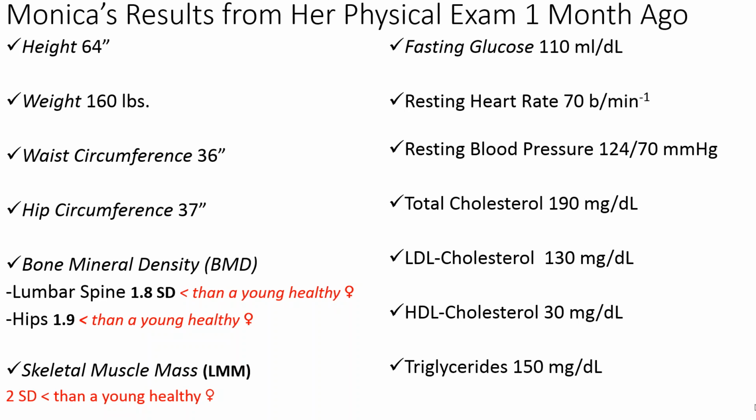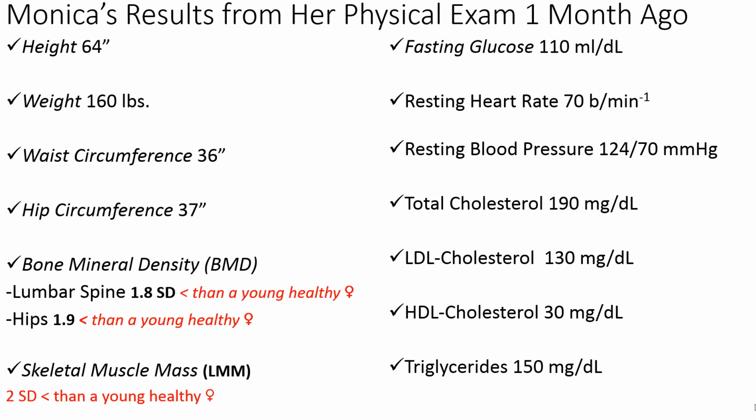She had bone mineral density testing, and it was determined with DEXA scanning that her lumbar spine and her hips at the Ward's triangle were determined to be 1.8 and 1.9 standard deviations lower, respectively, than that of a young 30-year-old woman without bone disease. Her skeletal muscle mass, which is a measurement of skeletal muscle quality, was considered to be 2 standard deviations less than a young, healthy woman without sarcopenia or any muscle deteriorating diseases.